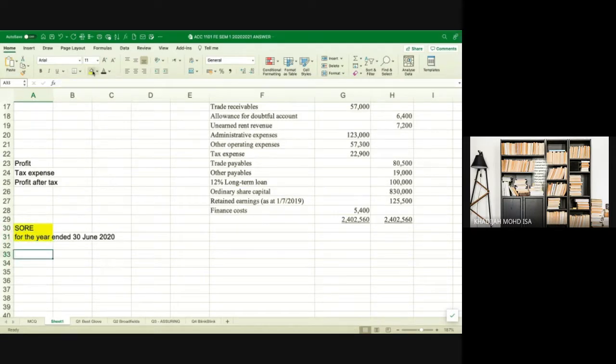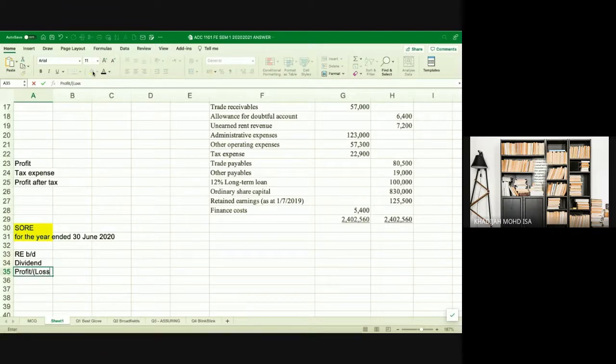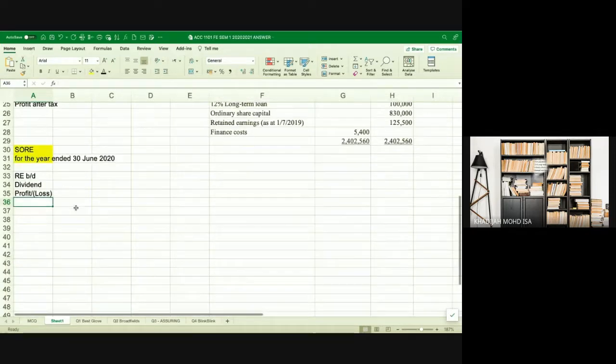Statement of retained earnings, you're going to have your RE brought down, opening balance for your retained earnings, and then you will have your dividend, right? If you have your profit or loss, depends whether you have a profit or loss, which is actually from your SOPL, statement of profit and loss account.